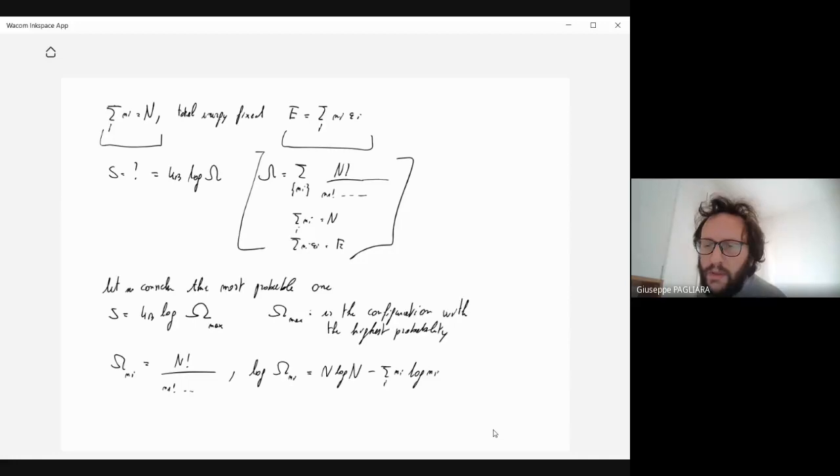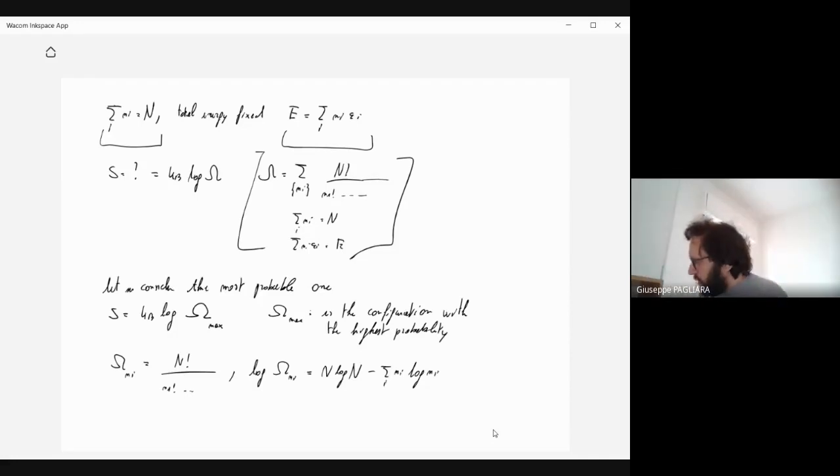The only difference is that I have an infinite number of levels in this case, but computing this, basically the Gibbs or Shannon entropy, provides the same result: n log n minus the sum over i of Ni log Ni.